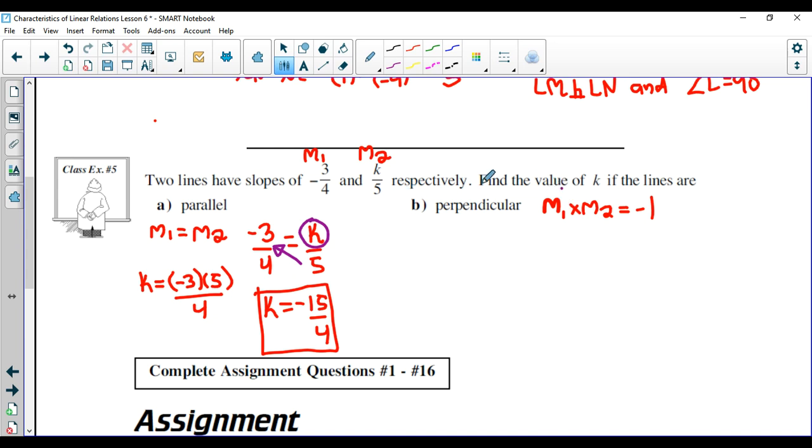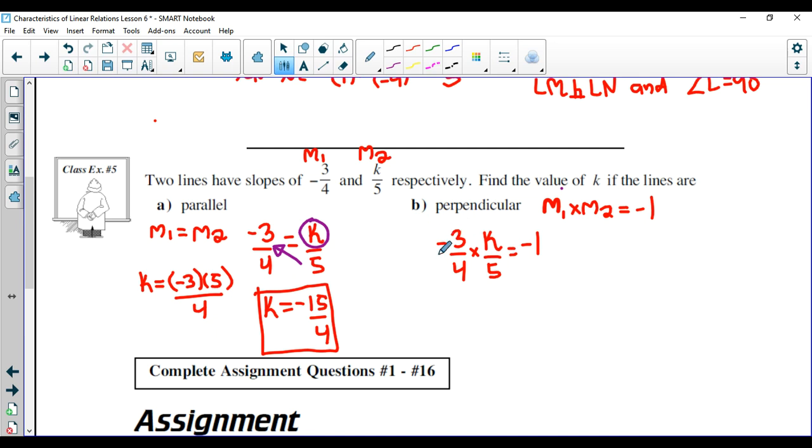So let's plug these in. M1 is negative 3 over 4, multiplied by M2, which is k over 5, and that must be equal to negative 1, because if you take the slope of this guy and multiply by a perpendicular slope, it has to give you negative 1. That tells you that they're negative reciprocals of one another.